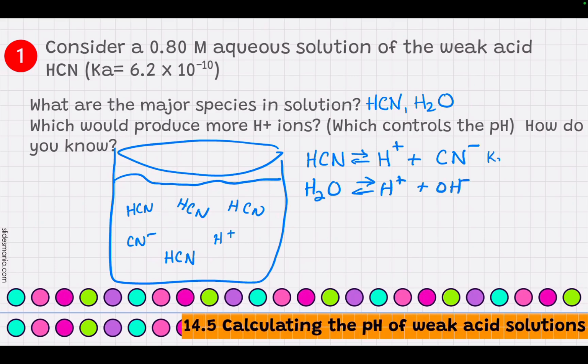The Ka for the hydrocyanic acid is 6.2 times 10 to the negative 10th. For water, the Ka is the Kw at 25 degrees, which is 1.0 times 10 to the negative 14th. So because the Ka is larger than that of water, we're going to assume that the hydrocyanic acid is the one that's controlling the pH here.